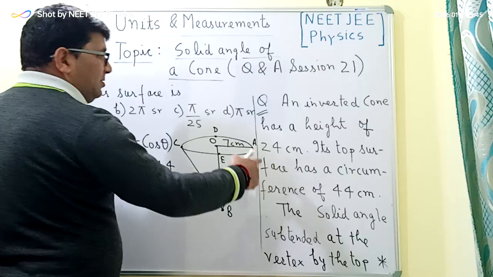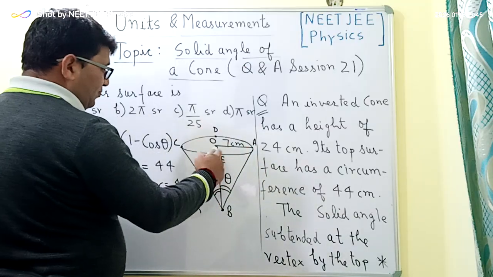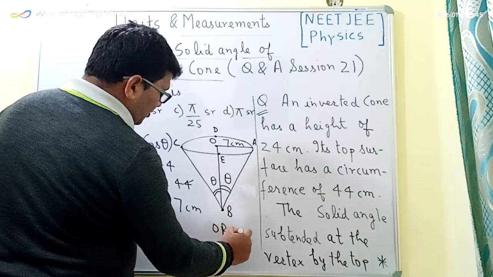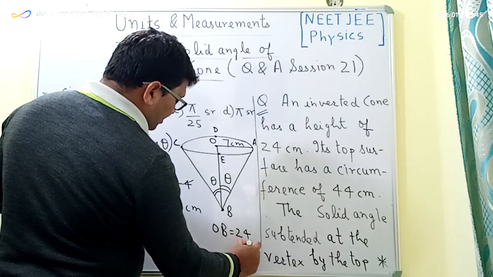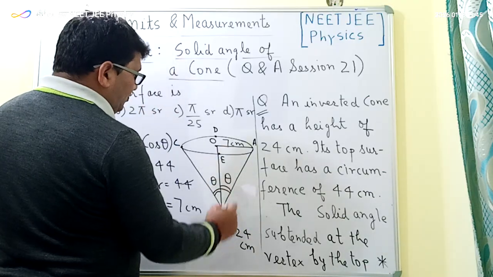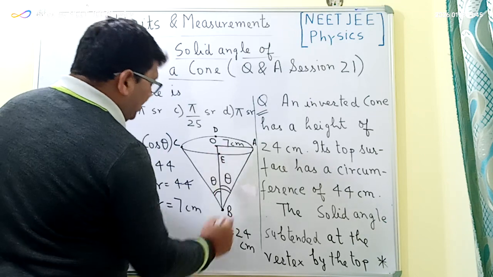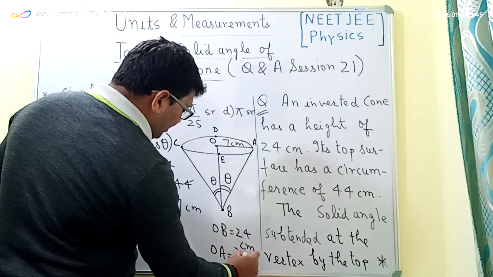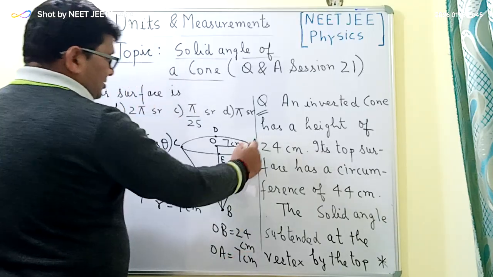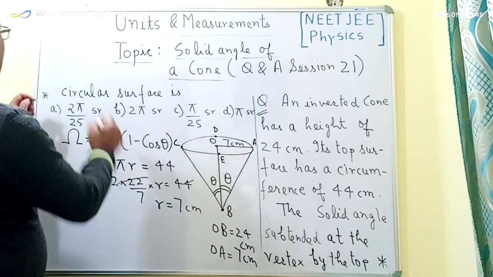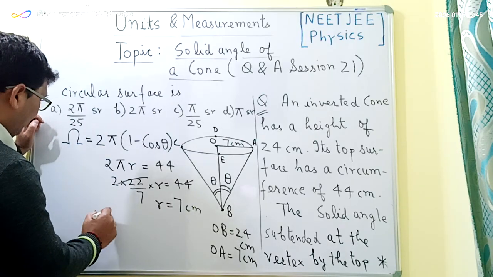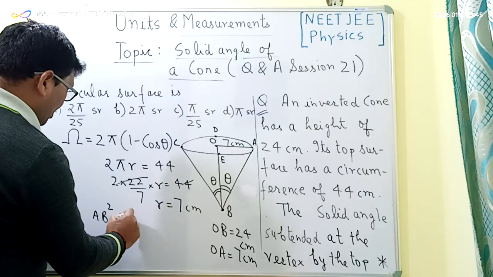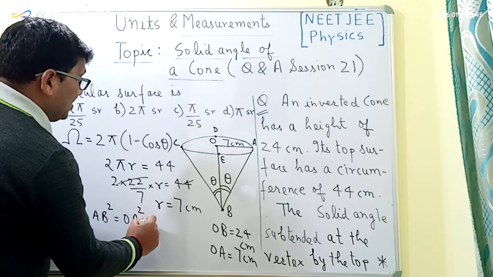Now the height of this inverted cone is 24 centimeters, so OB is equal to 24 centimeter. If OB is 24 centimeter and OA, which is the radius, is 7 centimeter, then the slant height AB can be found with the help of Pythagoras theorem. AB square will be equal to OA square plus OB square.